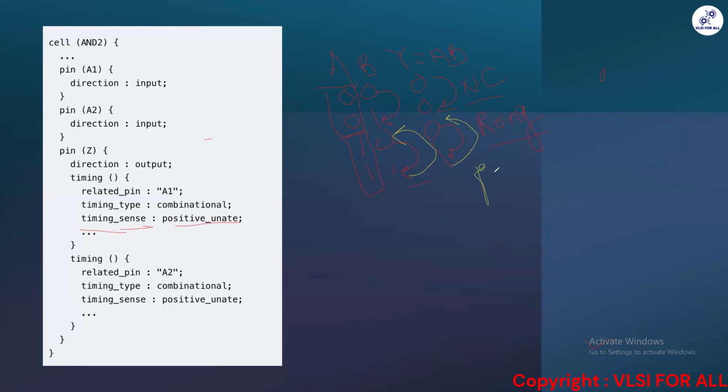Correct? So the definition, if you have studied the theoretical concept: if your input is rising and your output is also rising or making no change, and if your input is falling and your output is falling, you would have heard this statement related to unateness, correct? This is something I have correlated with the example.